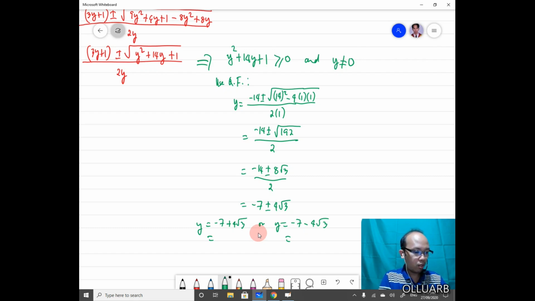Negative 7 plus 4 square root of 3 is, as you can see here, negative 0.07179676972.